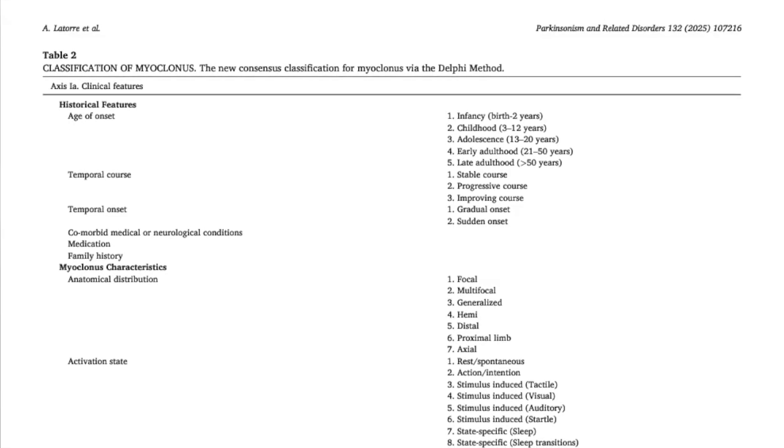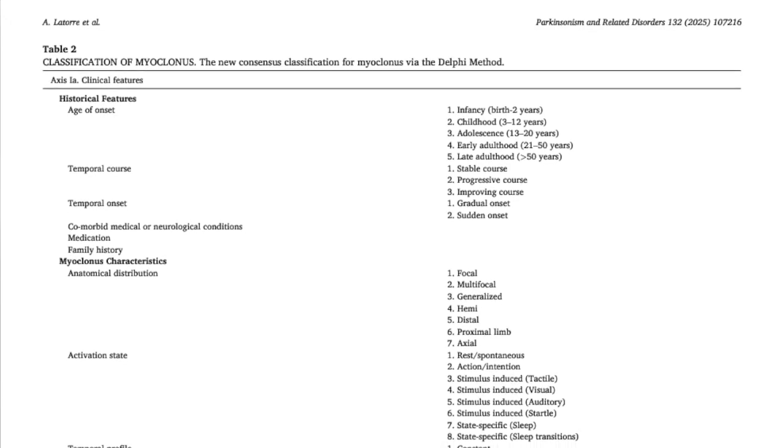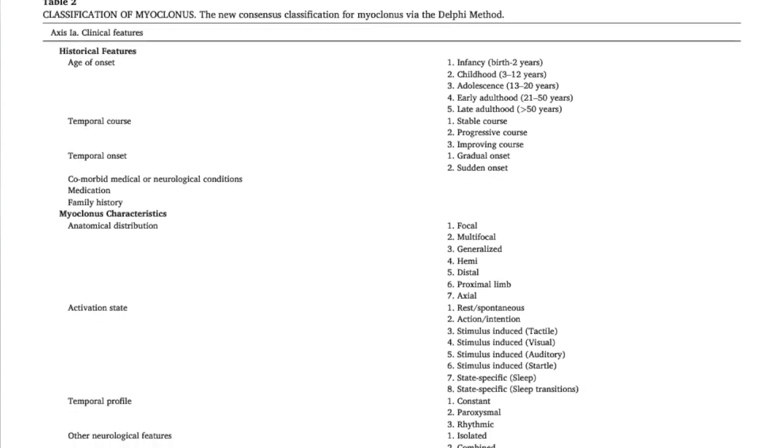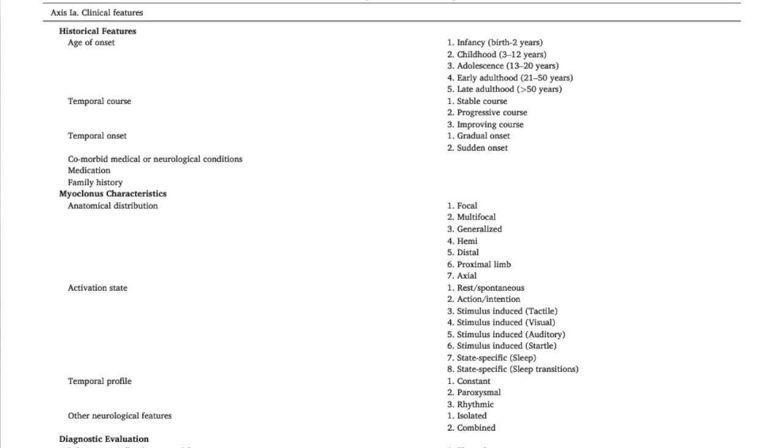If we look into the axes a little bit more in detail, what we can say about axis 1 is that beyond the usual clinical information, we incorporate specific details pertinent to the diagnosis of myoclonus.